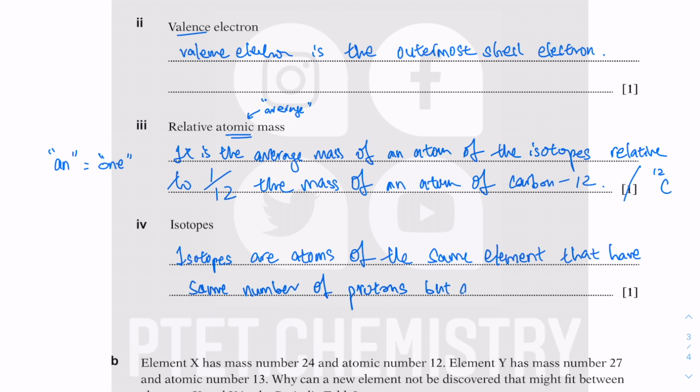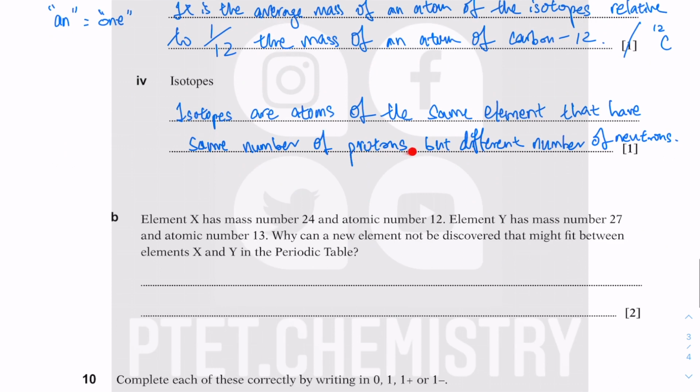But the key feature really is what is different: a different number of neutrons. This definition itself is very important. I don't know why it's given just 1 mark, but at A level, these are typically 2-mark definitions. Atoms of the same element, because they belong to the same element, they're just different kinds of atoms. Same number of protons, but different number of neutrons.